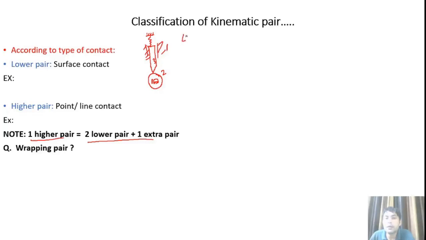So there is one lower pair between link 1 and 2. There is another lower pair between link 1 and 3. And there is one higher pair between link 2 and 3.